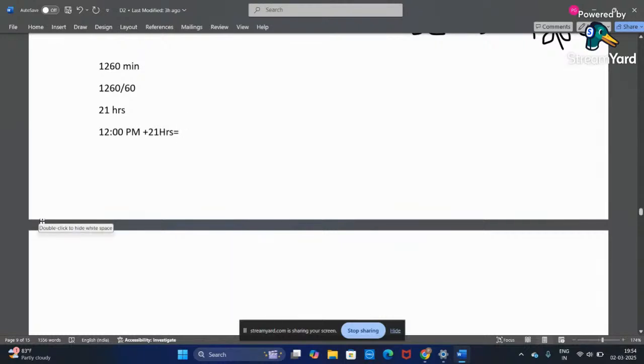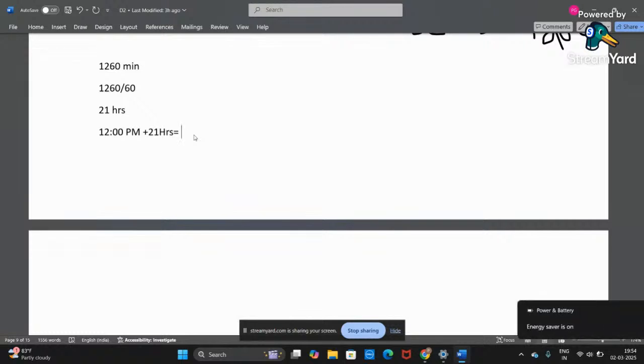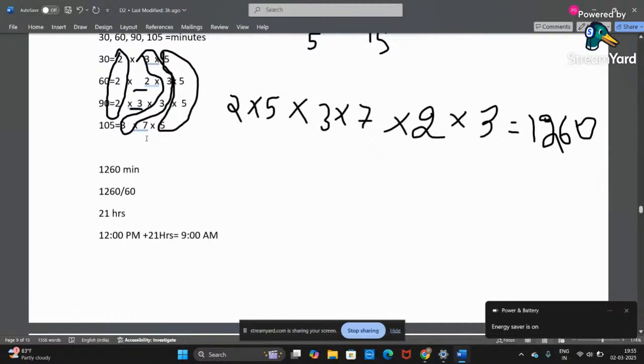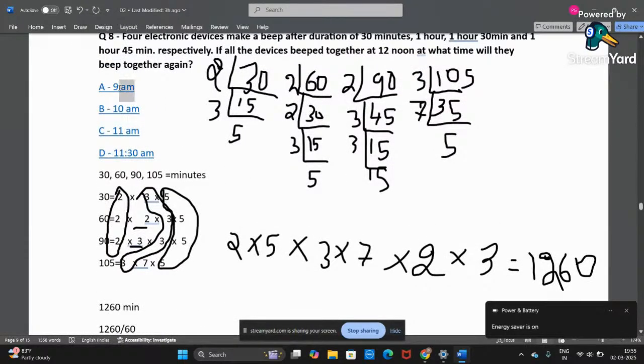So what will be the answer? It will be 9 a.m. So at 9 a.m., all four electronic devices are going to beep.